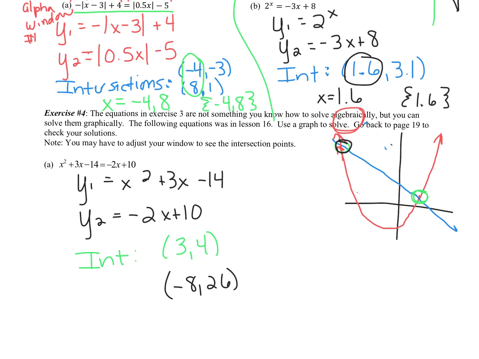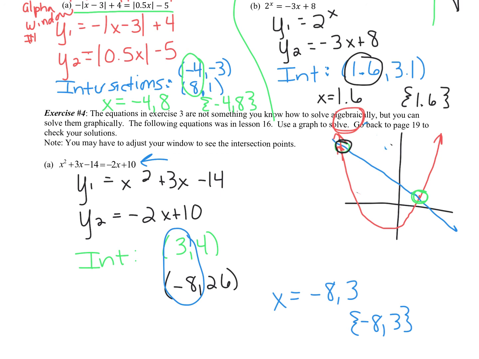So for this problem, remember my original equation only contains x values, so my answers are negative 8 and 3. And in my packet, and I don't have that slide here on my video right now, I'm going to flip in my packet back to page 19, okay?